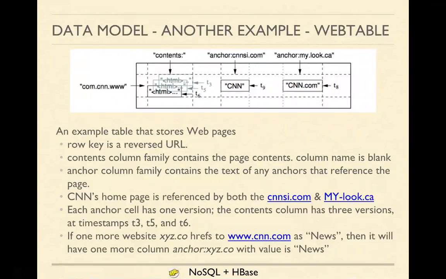All right, so the way they designed it is, they kept the row key as the URL. The URL is the website URL. Reversed, we will talk about why reversed later. And they created two column families. One is called contents, the other is called anchor.